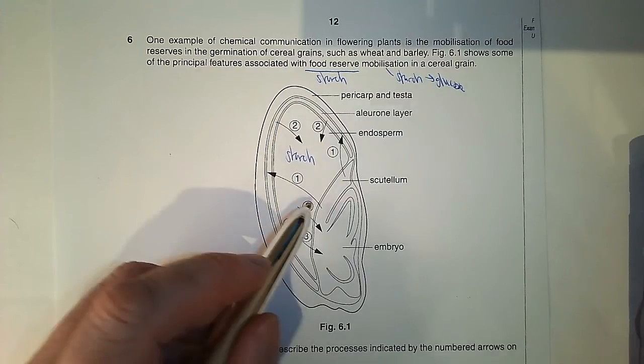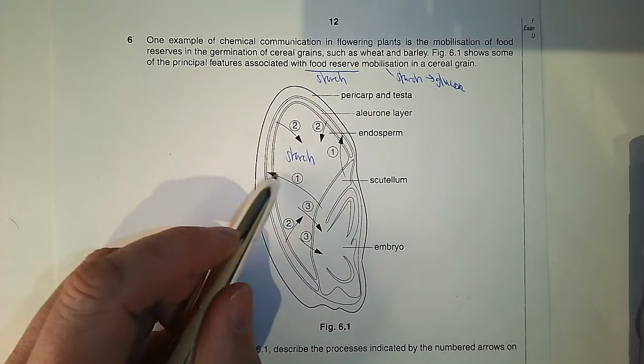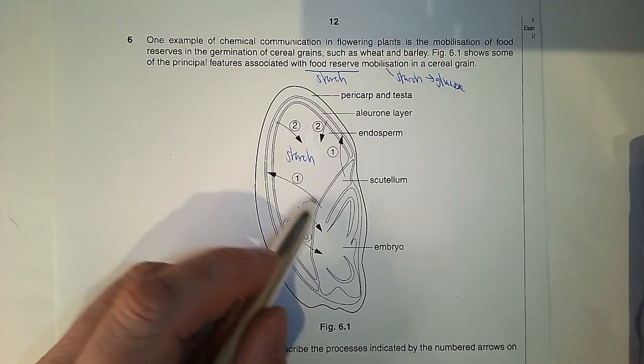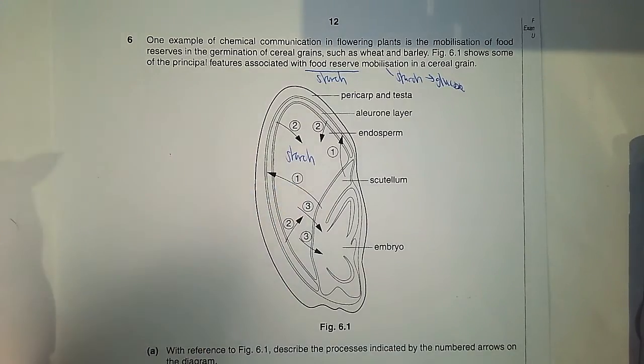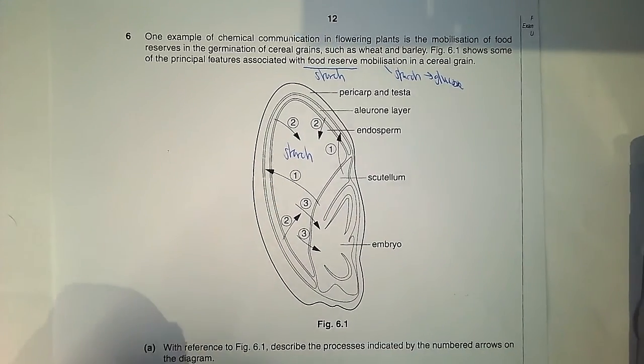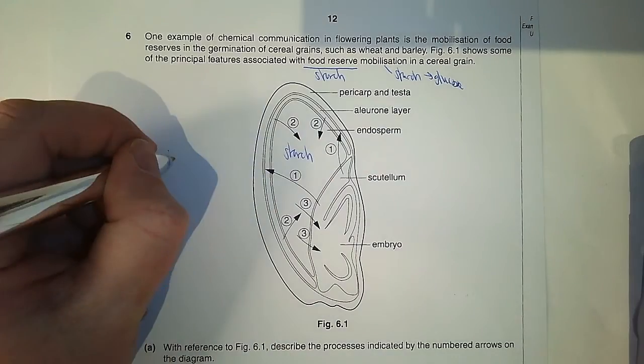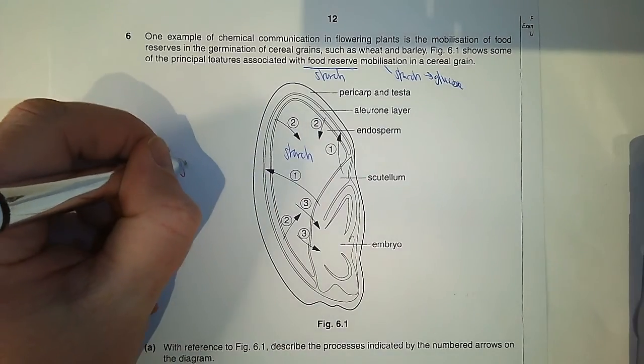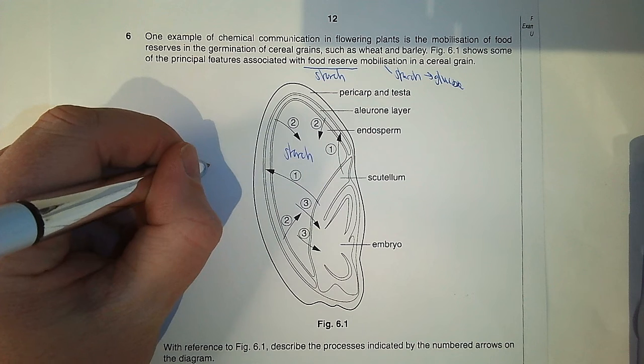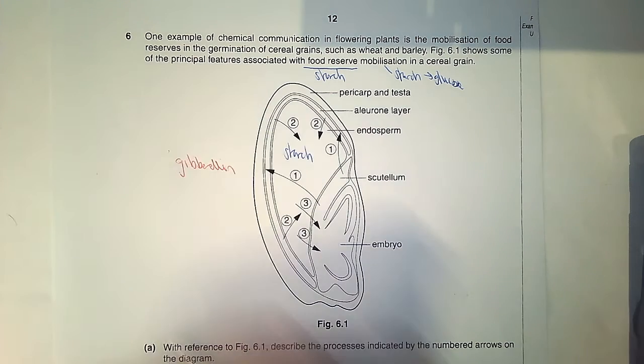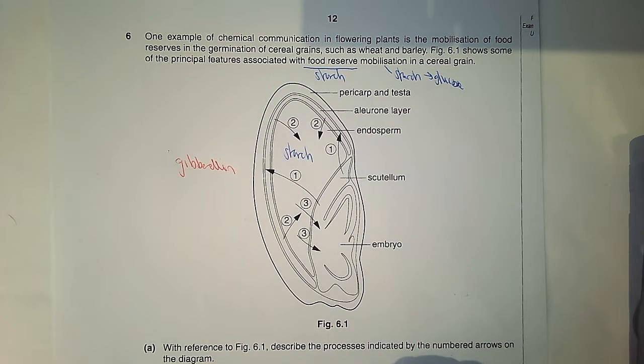So, the chemical that's being released from the embryo is a plant hormone, and that's called gibberellin. And that's the plant hormone that's involved in seed germination.